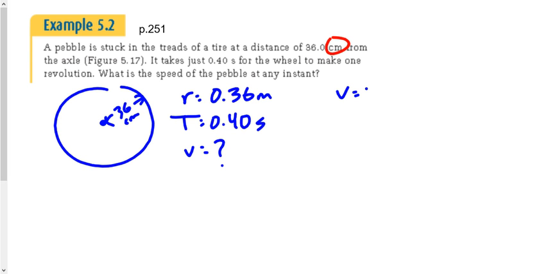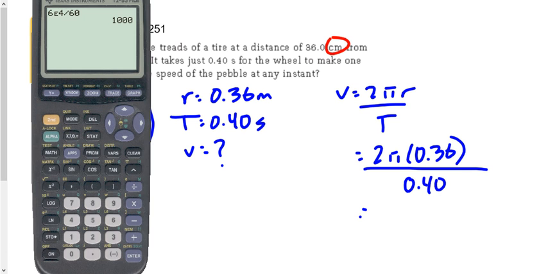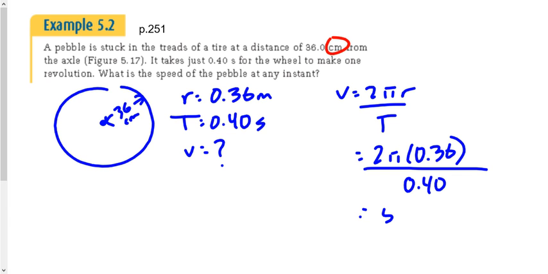We're going to say v is equal to 2 pi r over big T. 2 times pi times r, which is 0.36, divided by big T. The period is 0.40. Let's figure out what that is. 2 times pi times 0.36 divided by 0.4 gives me 5.65.